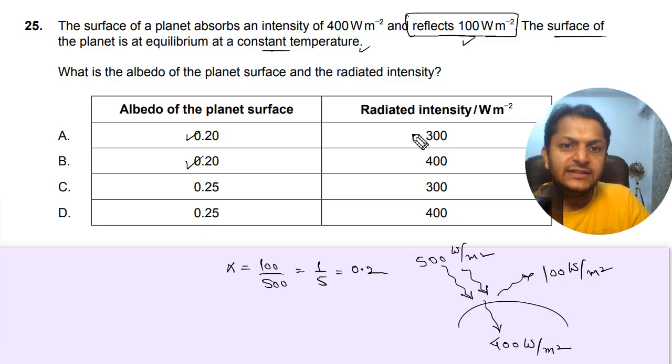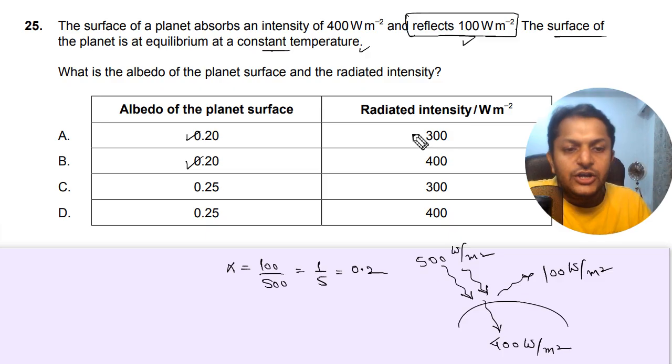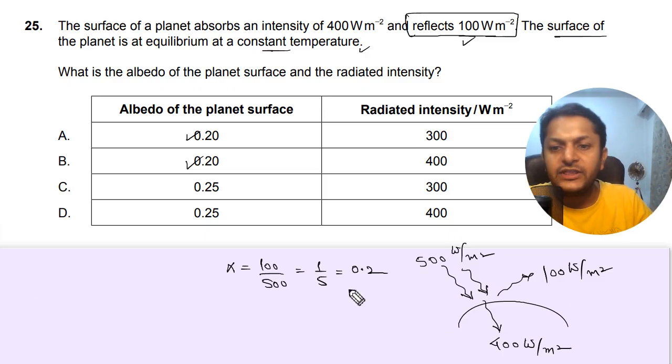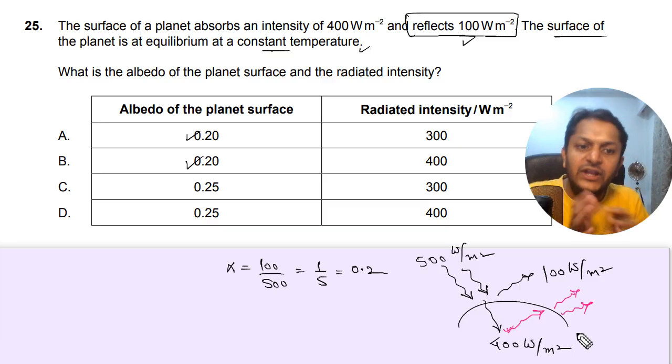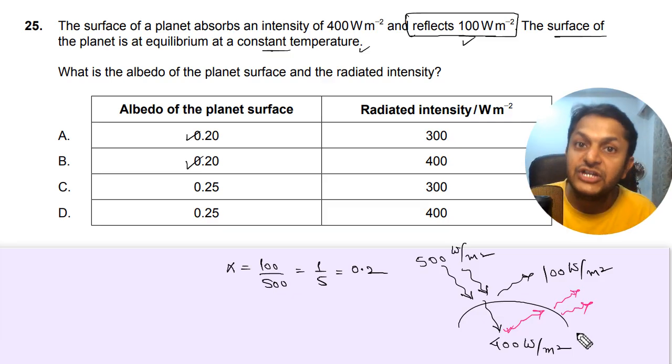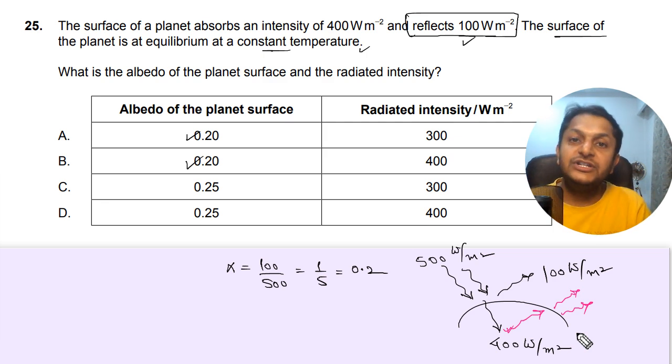Now radiated intensity. Now you want to find what is the radiated intensity. Of course, all the 400 that is absorbed by Earth has to go out somehow. So Earth will be radiating this much energy at some other particular time. Like let's say Earth is absorbing energy in the day and emitting energy in the night.